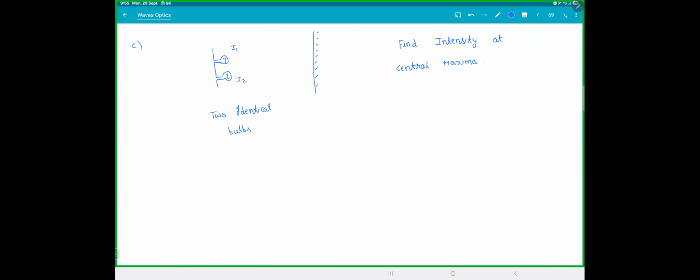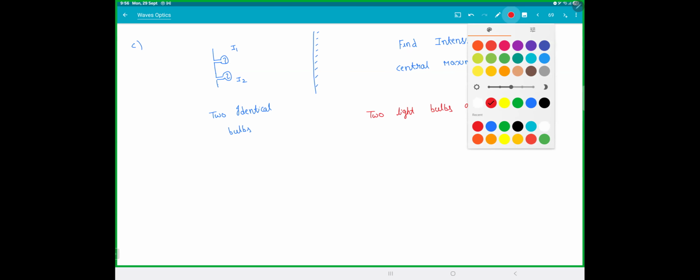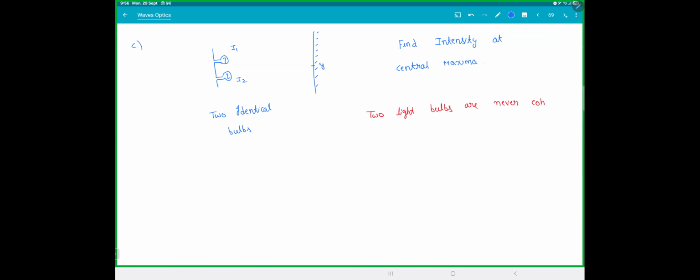Now, if you try this, two light bulbs are never coherent sources. Maybe I should say y is equal to 0. Basically, this phase angle phi varies with time.